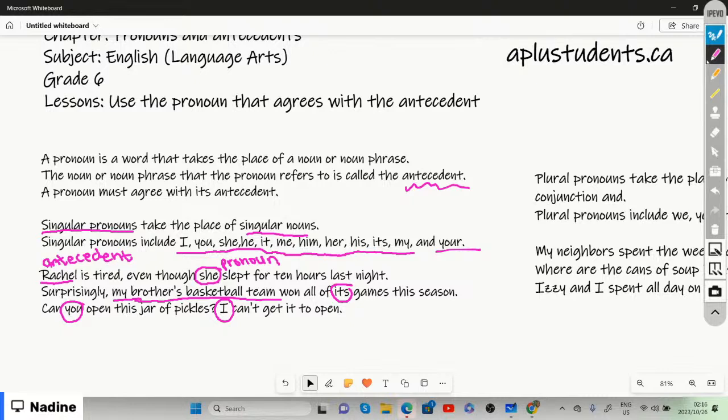The noun or the noun phrase that the pronoun refers to, we call that the antecedent. And the pronoun must agree with its antecedent.